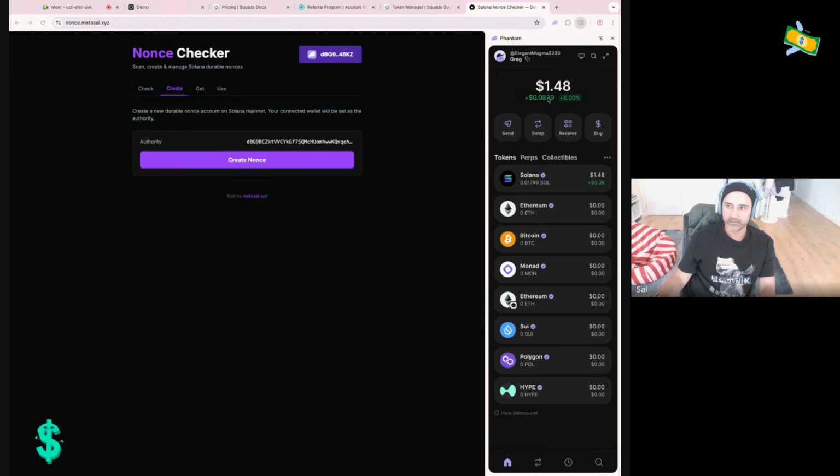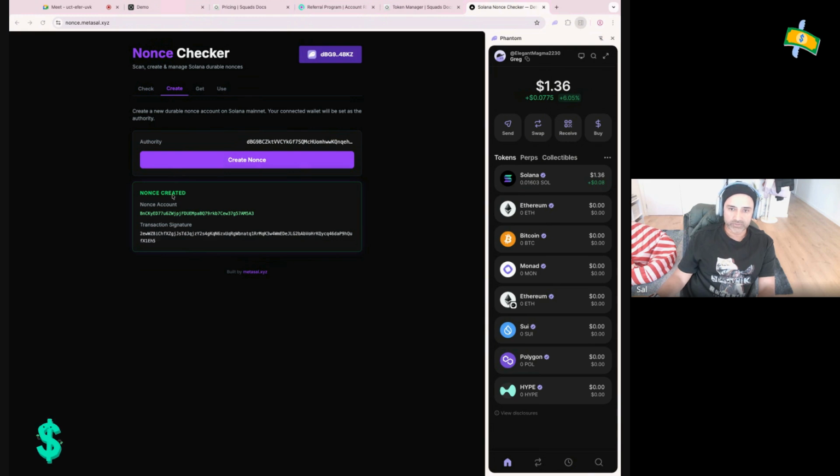So I'm going to create one now. Create a nonce. Now, I would not recommend using this in the real world for real stuff. It's just a proof of concept, and you can link back to my repos that are available as the code if you're a developer. There you go. So a nonce was created, and this is how simple it was.